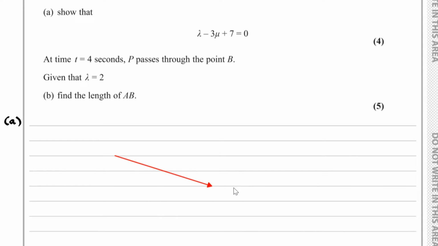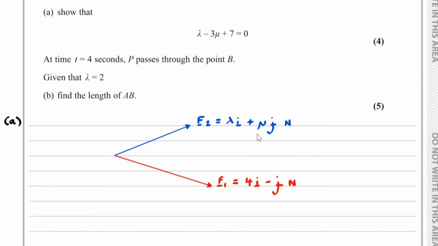We've got our force F1 equals 4i minus j newtons, and we've got this other force, we'll call it F2, that's equal to lambda i plus mu j newtons.